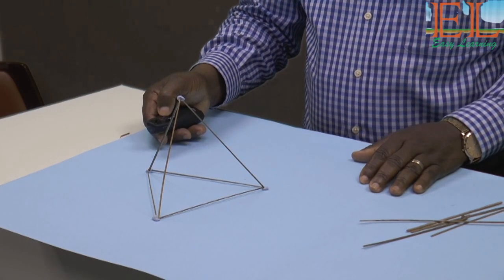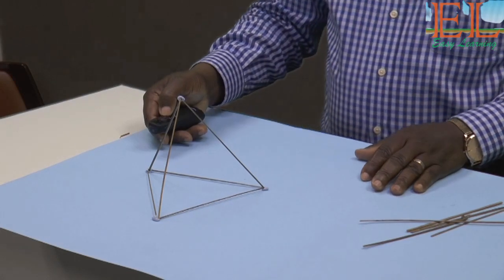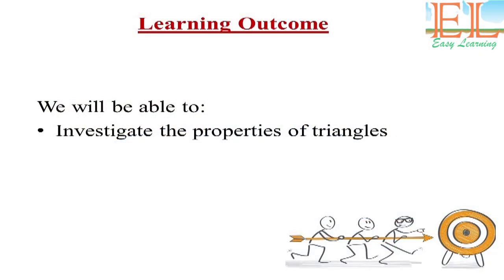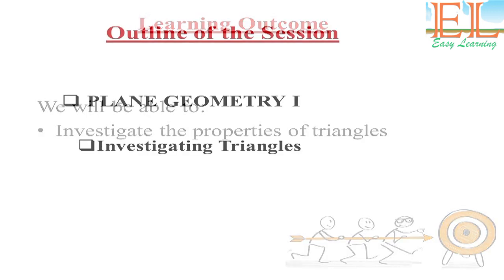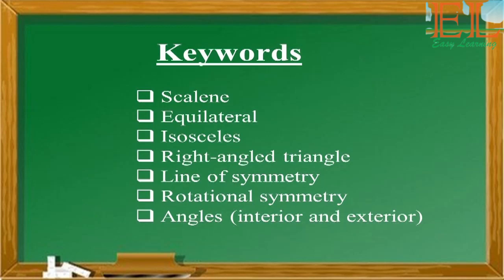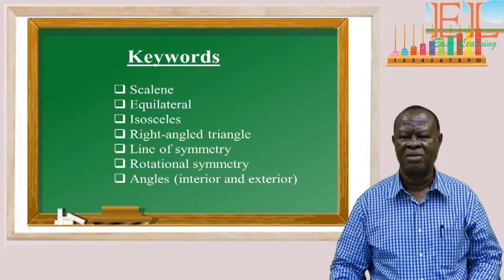So we move on. Now we look at the learning outcome, where we'll be able to investigate the properties of triangles. The keywords will be scalene, equilateral, isosceles, right angle triangle, line of symmetry or axis of symmetry, and rotational symmetry.